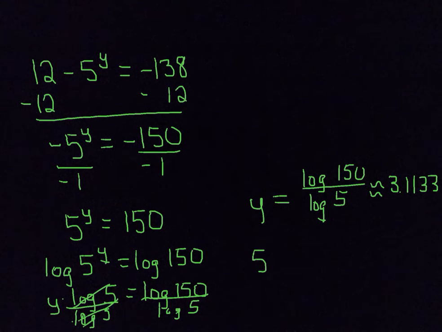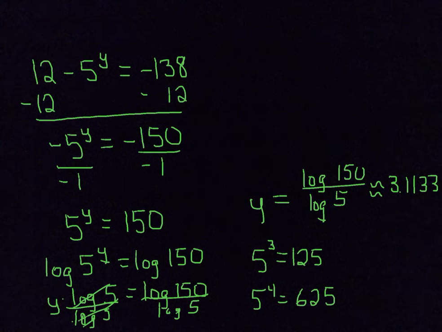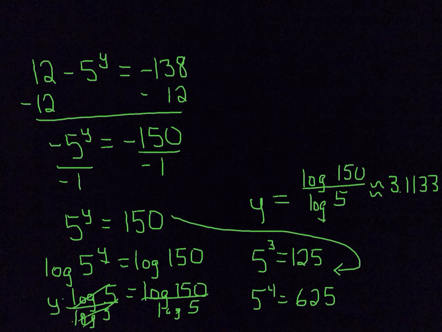Well, 5 to the third power is 125. 5 to the fourth power is 625. We're looking for log of 150. Does 150 fit in between there, between 3 and 4? Yeah, and it's much closer to 3 because 150 is much closer to 125. So this answer does make common sense as well.